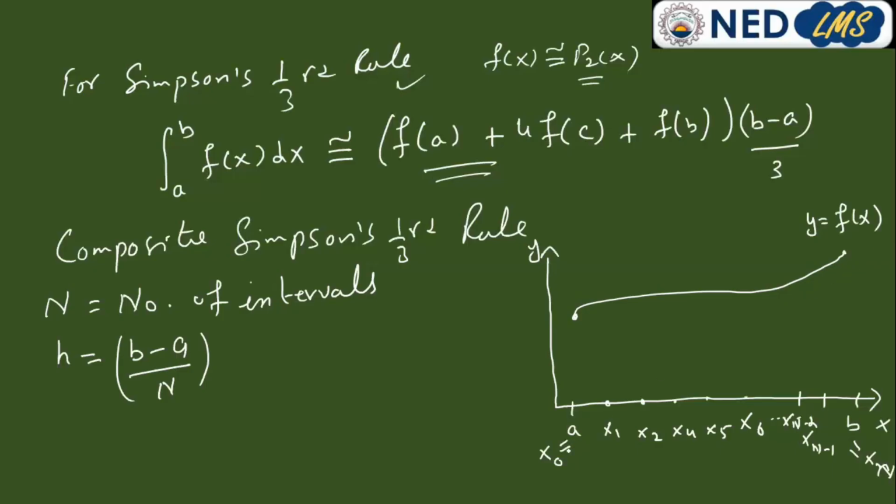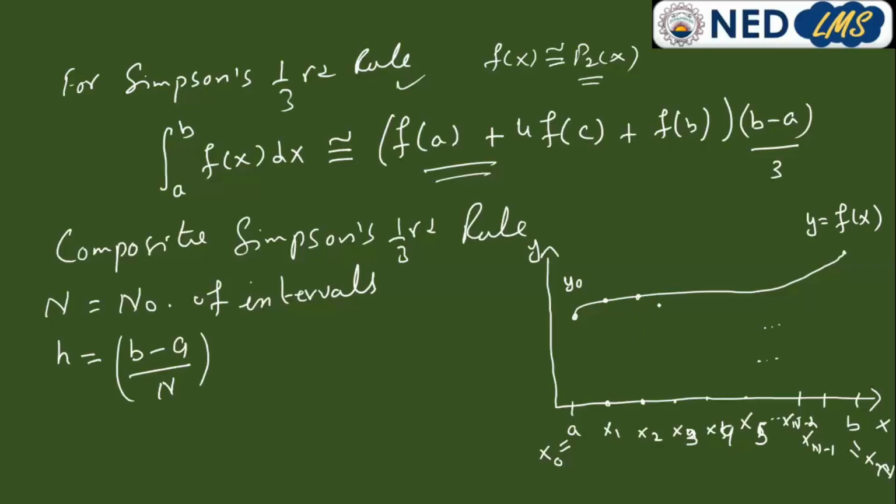So I can put x naught in this function and I will get some value y naught. If I put x1 there, I will get some y1. If I put x2, I get y2. Oh, I forgot to mention x3. x naught, x1, x2, x3, this is x4, x5, and then it will continue till the second last and last.